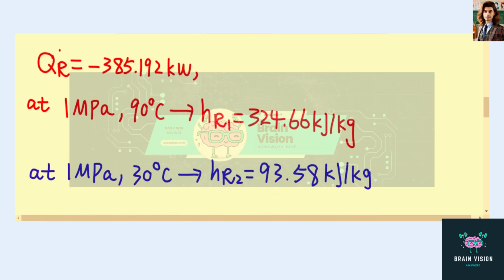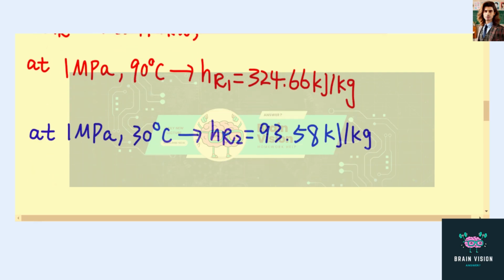At 1 megapascal, 90 degrees Celsius, the corresponding enthalpy for the refrigerant 134A is 324.66 kilojoule per kilogram. Then for the final enthalpy of the refrigerant, we need to use the saturated refrigerant 134A temperature table, which is Table A11. At 1 megapascal, 30 degrees Celsius, the final enthalpy is equal to 93.58 kilojoule per kilogram.